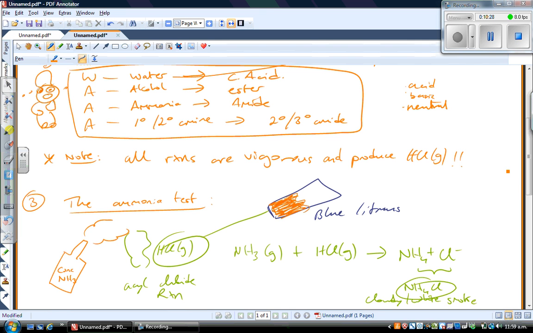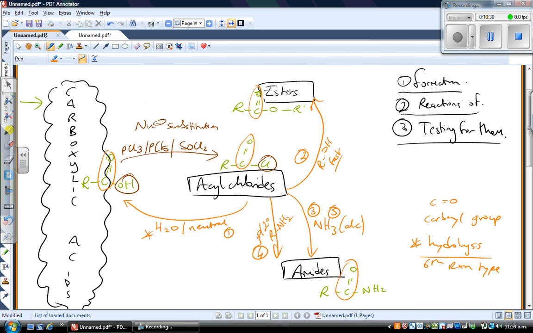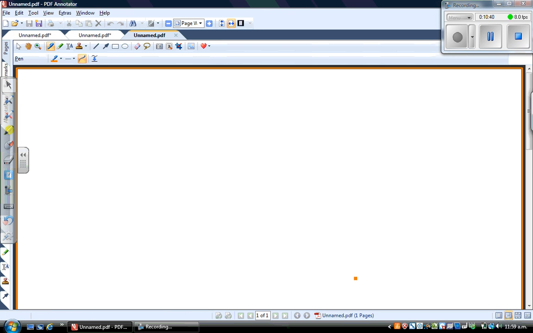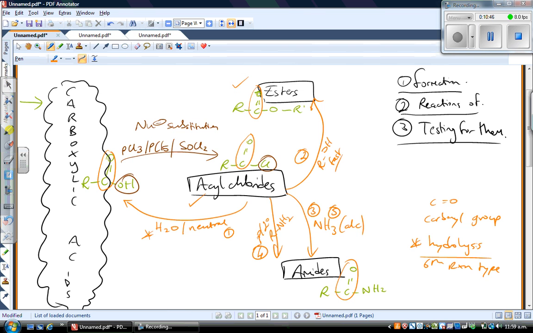The next thing to talk about, if we go back to our flow chart, so we've done acyl chlorides. We now looked at esters later in the week. So we set up a new page for esters. Okay, so family number 2 we looked at this week were the esters. If we go back to our flow chart, esters, how are they formed? Well, it's a reversible reaction, like I say.